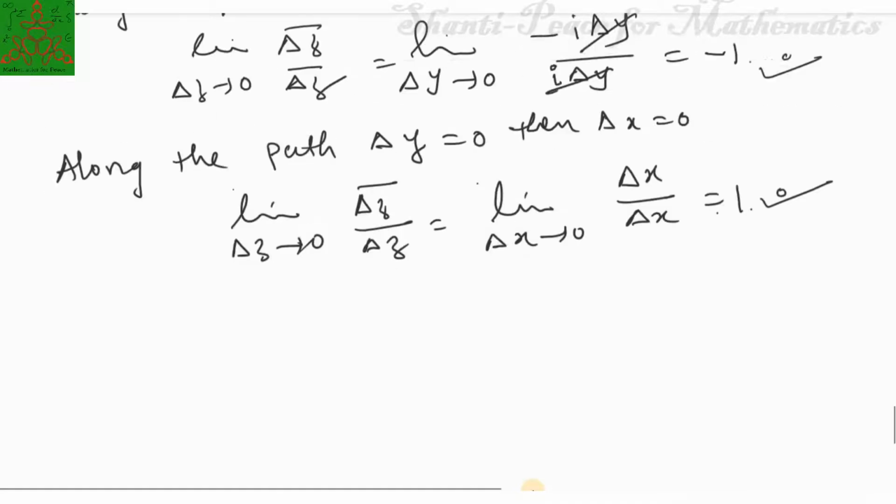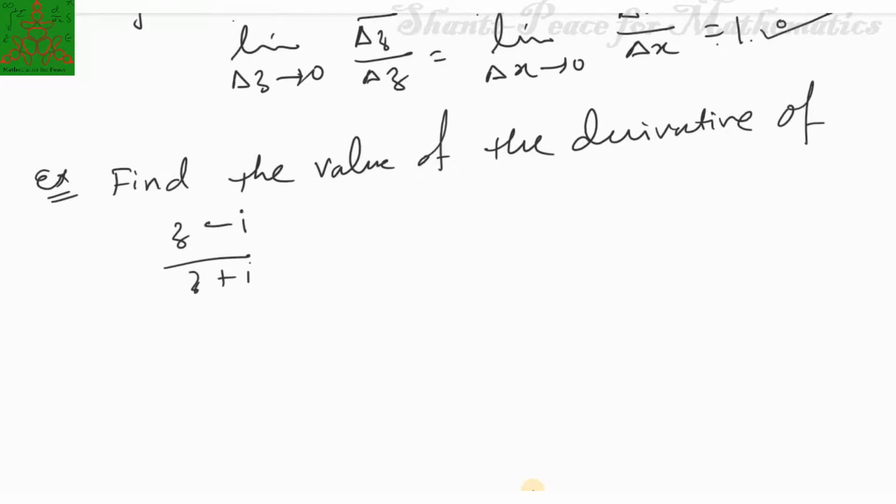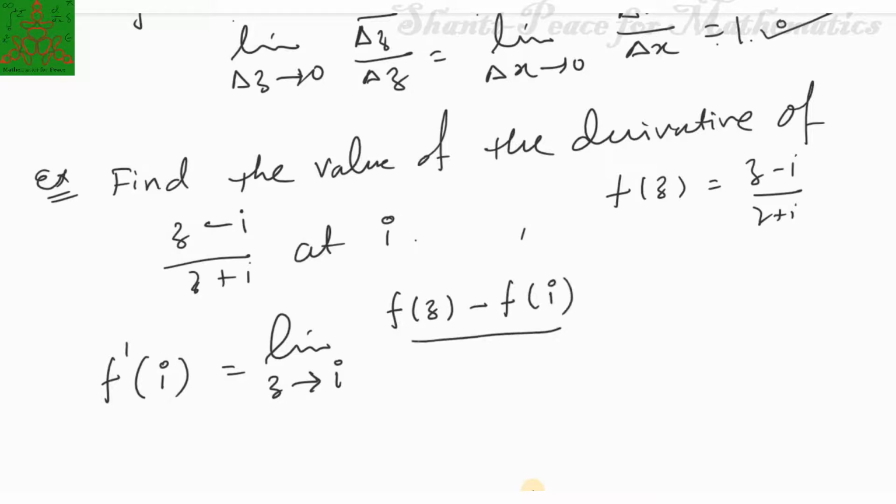So let's go to the next example. Find the value of the derivative of z minus i upon z plus i at i. So the question is to find f dash of i, where f of z is z minus i upon z plus i. As per the definition, this is the limit as z tends to i of f of z minus f of i upon z minus i.